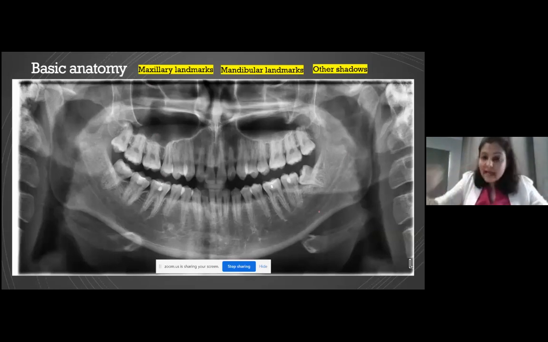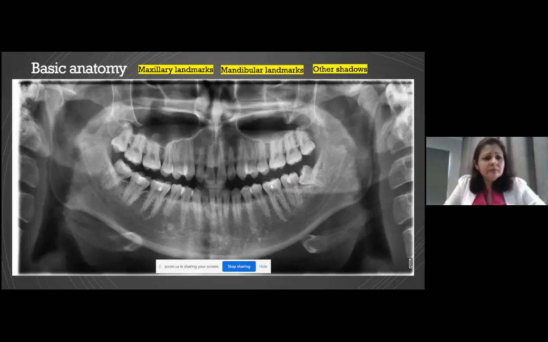So that slice is this particular image. When you're trying to make out structures in that particular slice, a lot of overlap of anatomical structures takes place. So it's important that you understand which part of the face you're looking at, so you can disregard these overlaps and look at the actual area of interest.